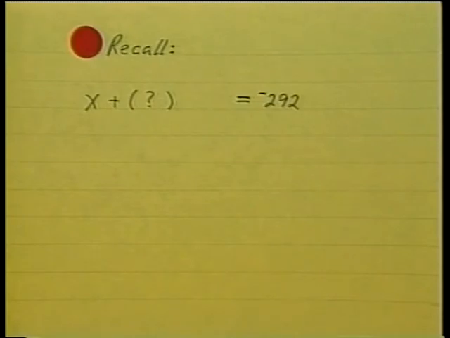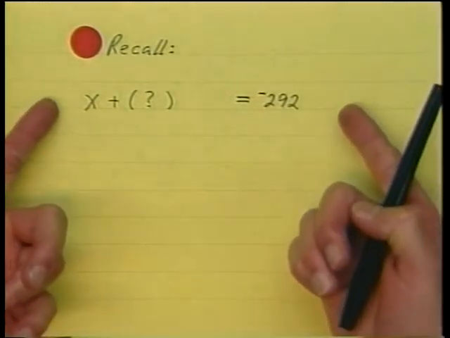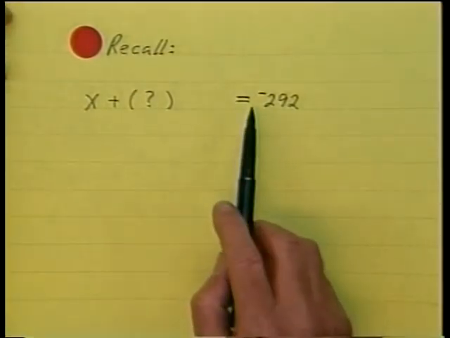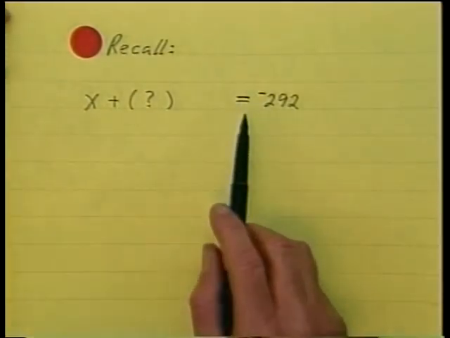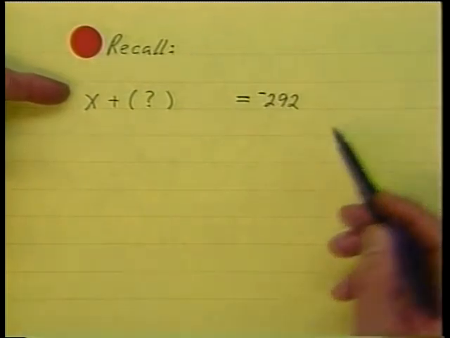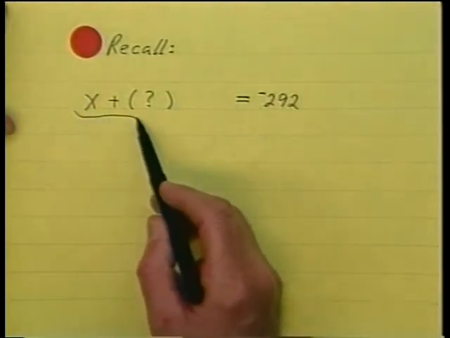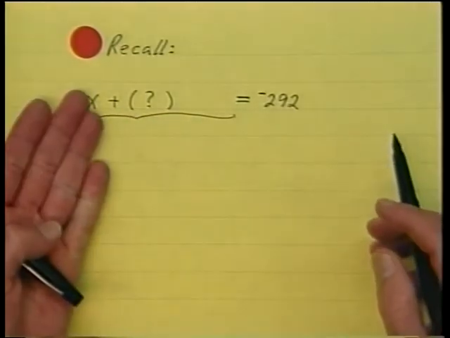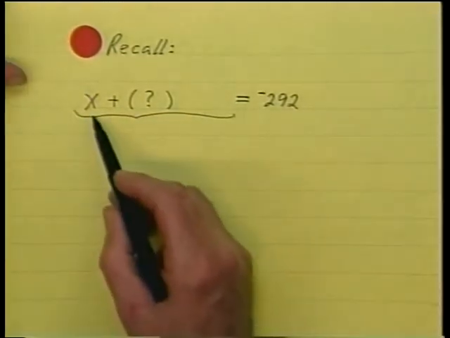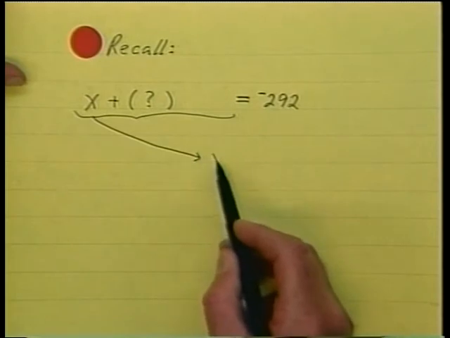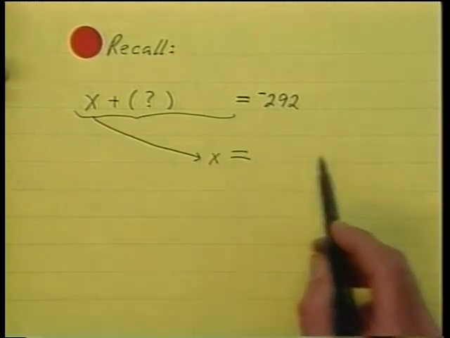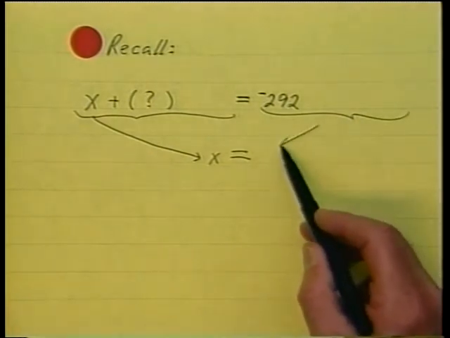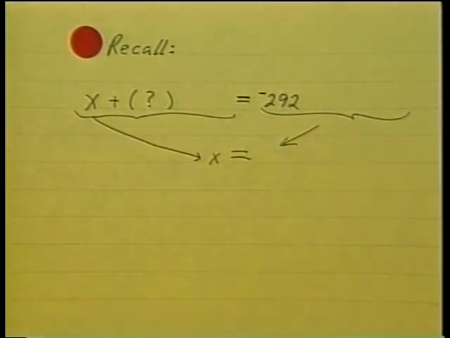We tried to get across that the idea of solving equations is sort of a symbol pushing game, that we're trying to, by legal moves, change this equation into another equation where this side, which we call the left member, has only the variable. And then whatever ends up on the other side we call the solution to the equation.